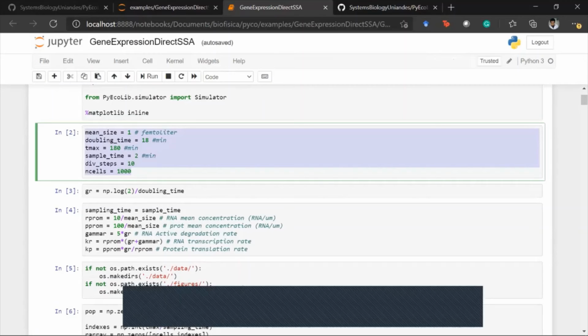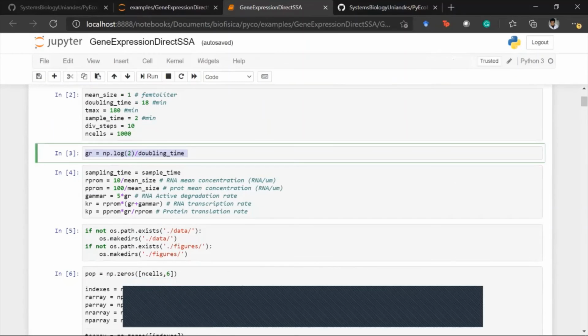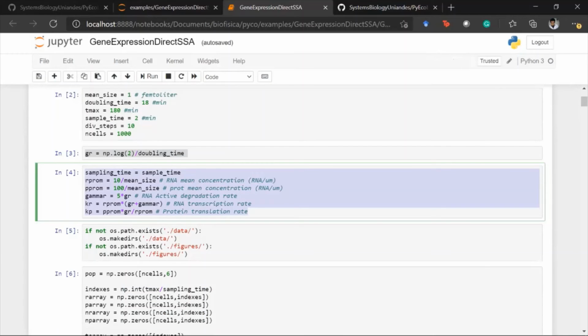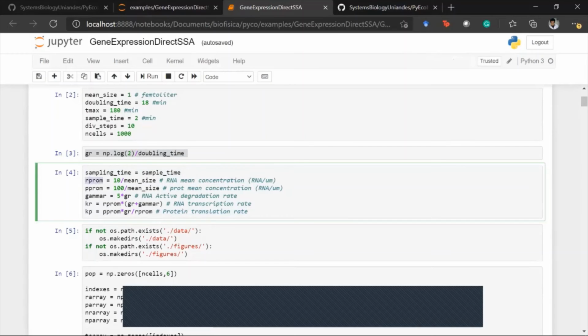First, you define the size parameters, the growth rate, and these are the parameters of the gene expression. In this case, we simulate a housekeeping protein, a constitutive protein with a messenger RNA intermediate.